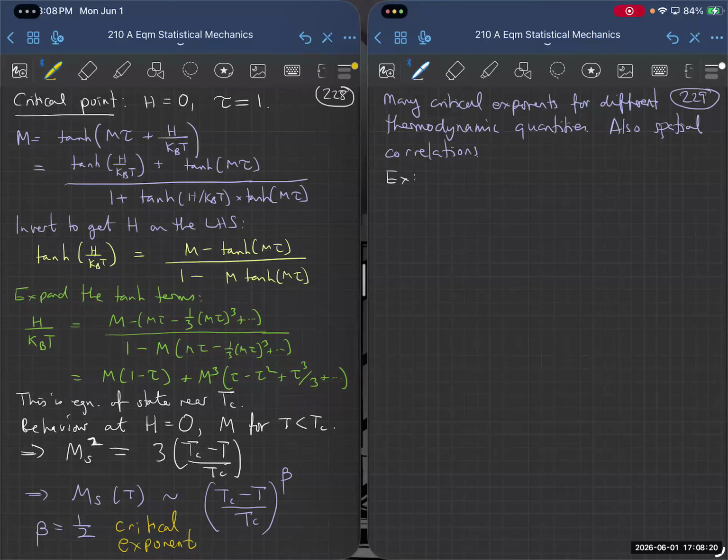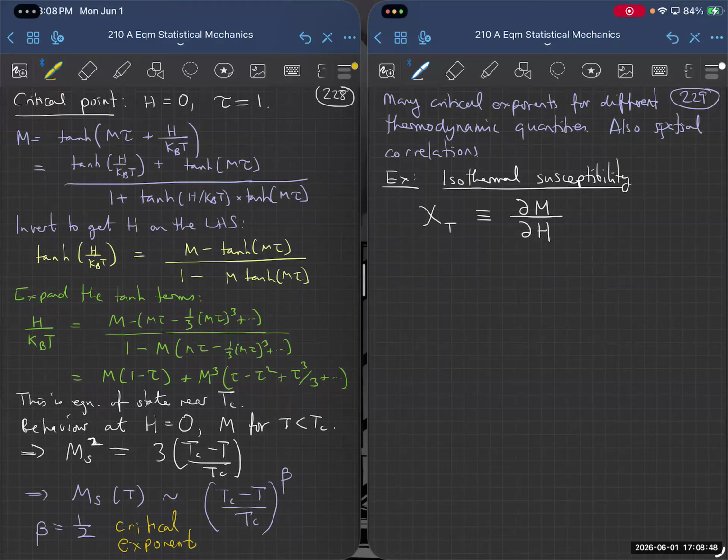So let me give you another example other than the magnetization. I'm going to talk about one that's very important, the isothermal susceptibility. What this tells you is how the magnetization changes when I change the external field. So I take M and then I vary H, and I do this at fixed temperature.